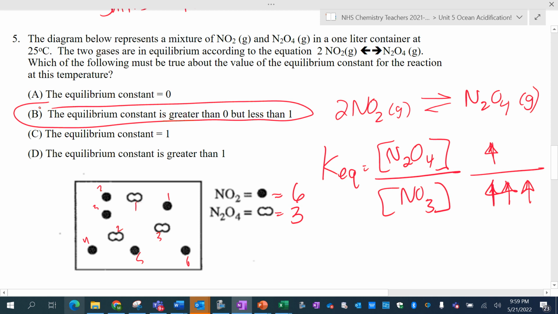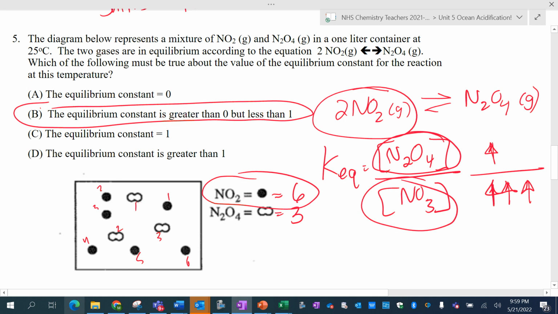And again, we know that because NO2 is favored, okay? And we know that the equilibrium constant is actually calculated by taking products over reactants. And so if the bottom, oops, this should be NO2, if the bottom number is a bigger number, then it's going to come out to be something between 0 and 1.